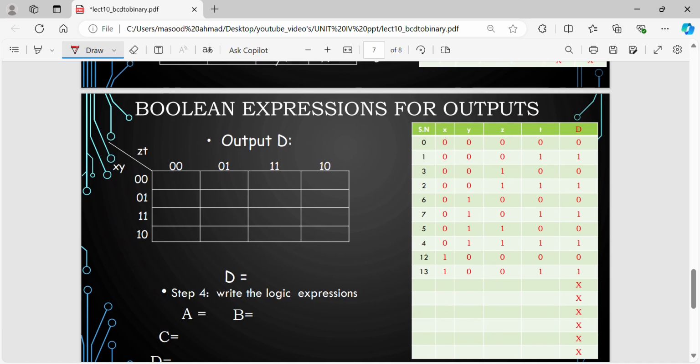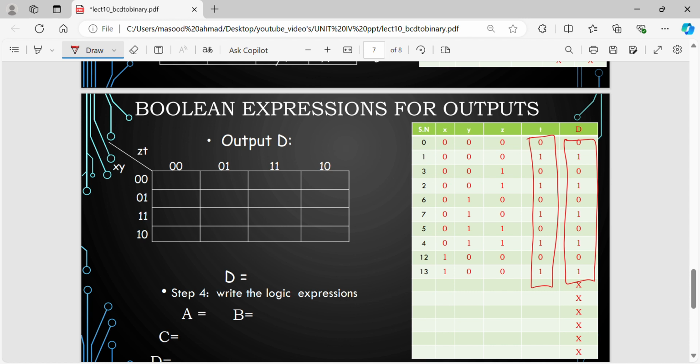Next is D. If you look at D and T, these two are equal.